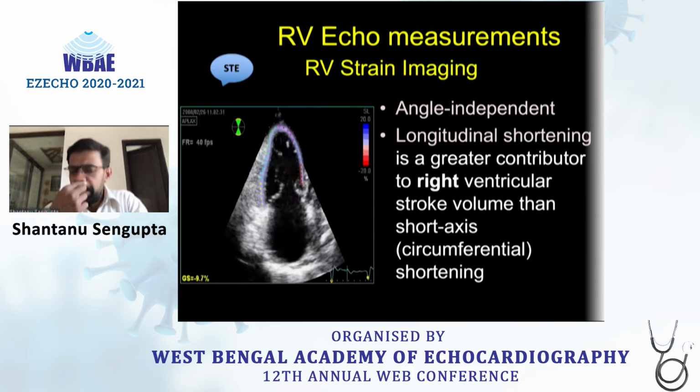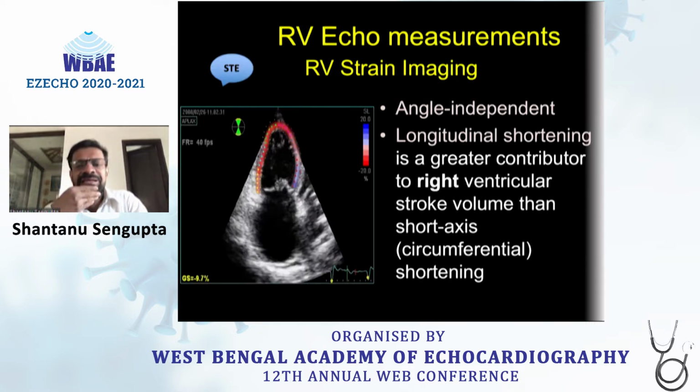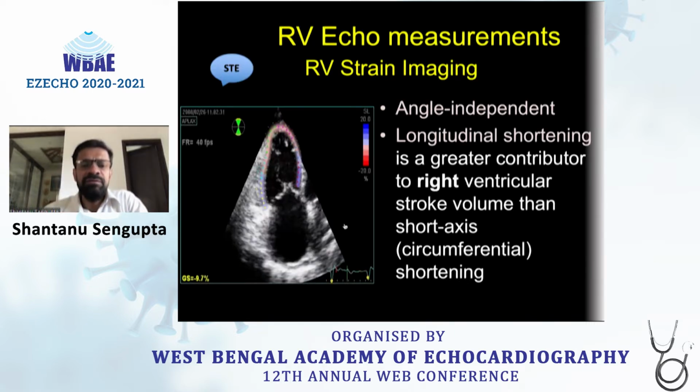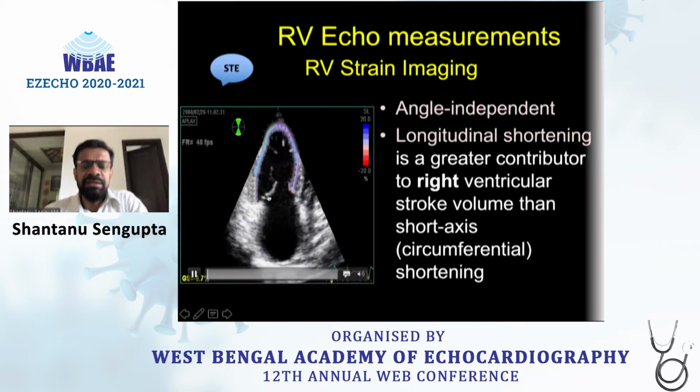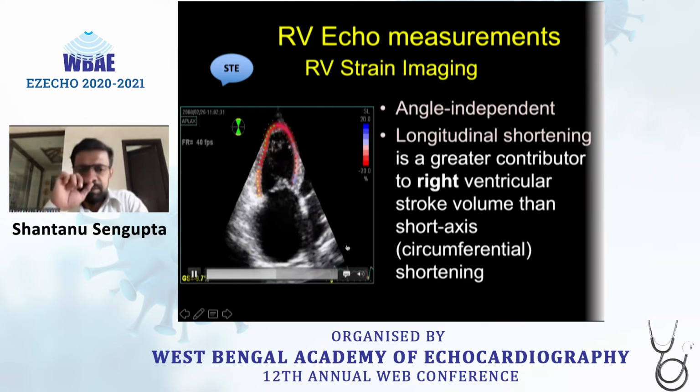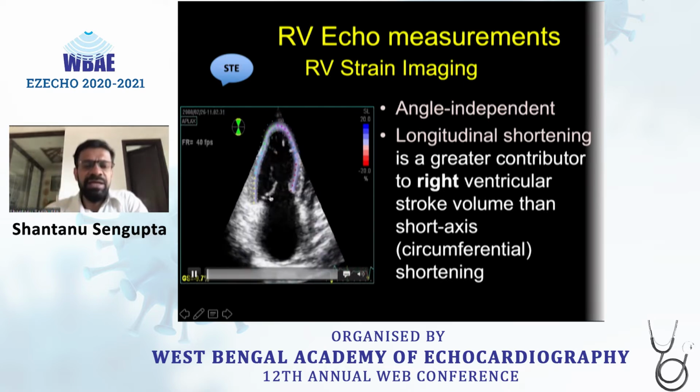So we do now have RV strain assessment, which looks at 2D speckle tracking, and this is an assessment of strain where a global strain has been done involving the septum. We can do it, but now the guidelines say that you always look at the lateral wall, at the base, mid, and apical levels, and try to get a value.